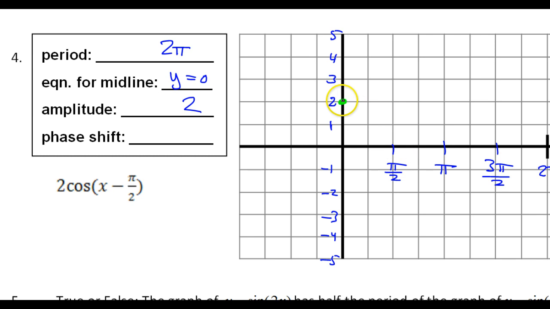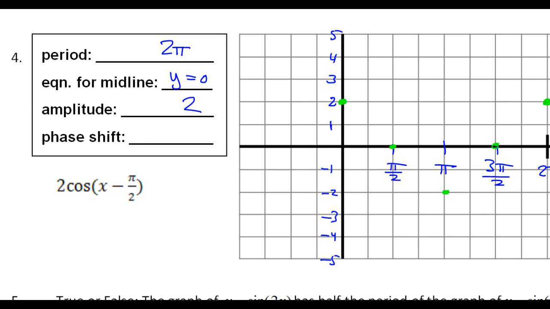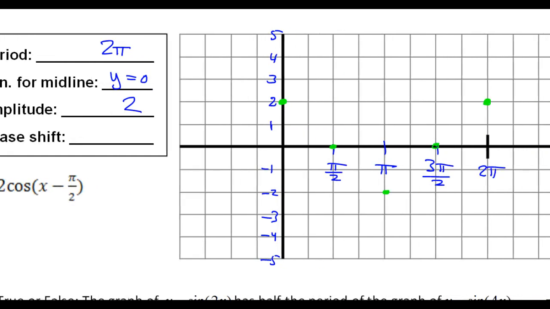So I'm going to start off at 2 with my skeleton. Then I'm going to go down to the midline, then below the midline, back to the midline, and then above the midline. Alright, as we've learned before, this is how cosine goes when it's positive.